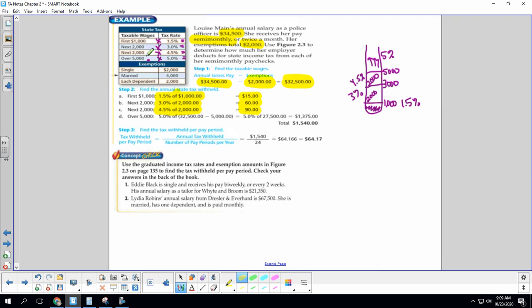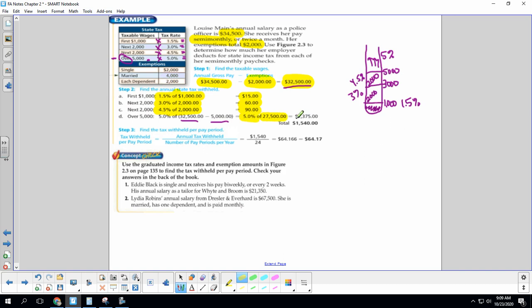And then anything over 5,000, so we take our 32,500 minus out the $5,000 because when we see the word over, we know we have to subtract. So 32,500 minus 5,000 gives us 27,500.